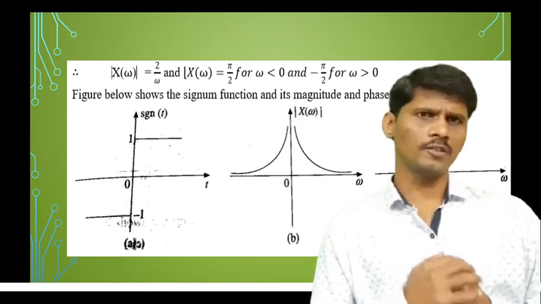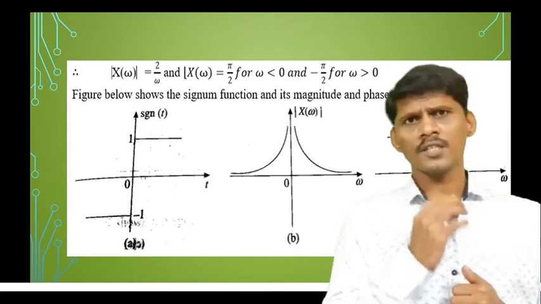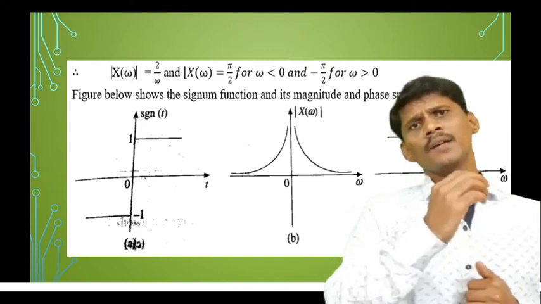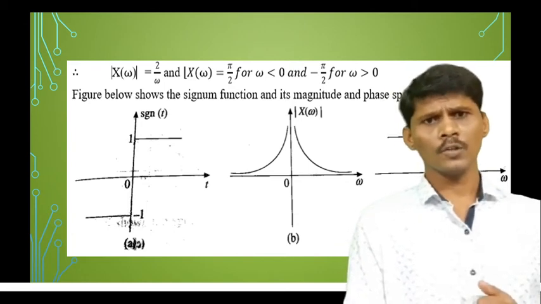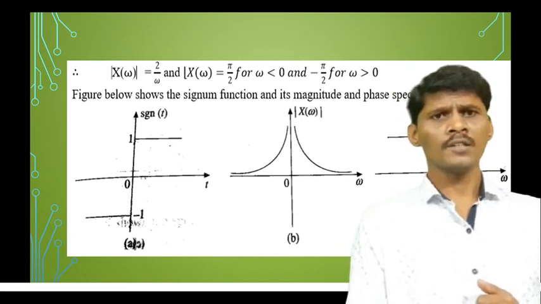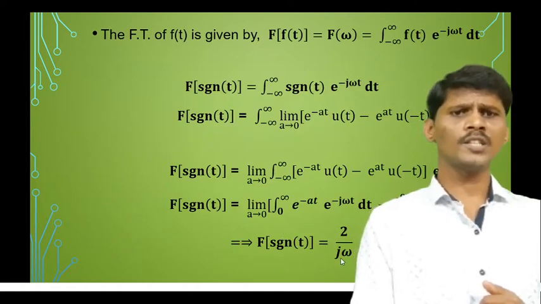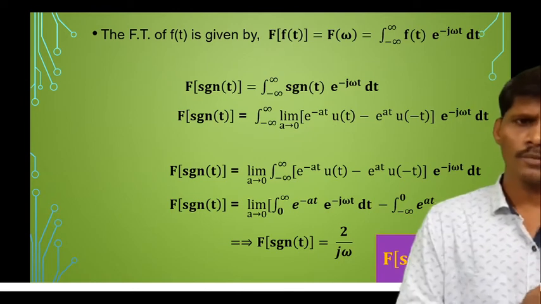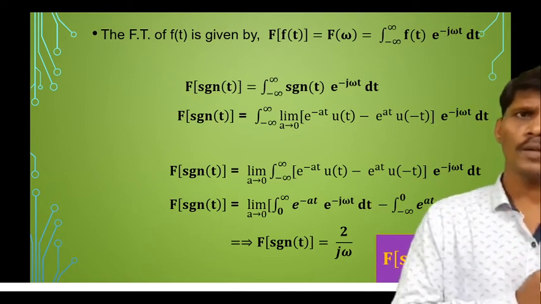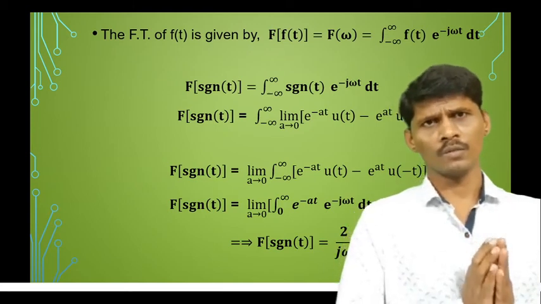2 by j omega. In that RHS term, multiplying numerator and denominator by j, in the denominator j is already there. j into j is j square, and j square value is minus 1. So what is the resultant equation? Minus j into 2 by omega. Now calculate the magnitude.